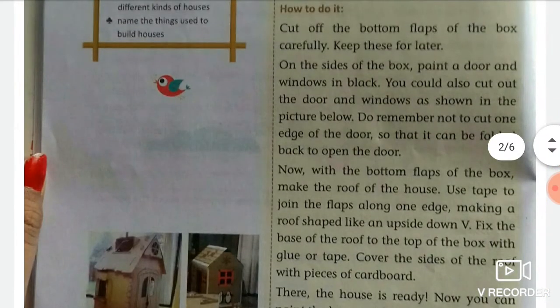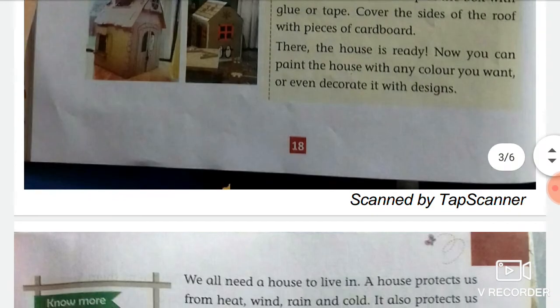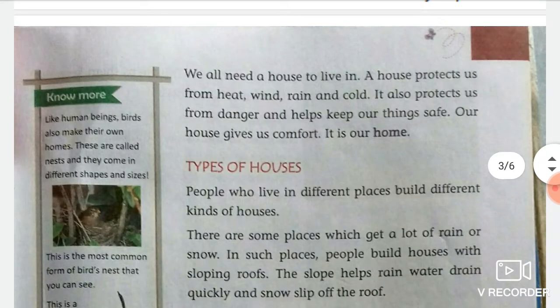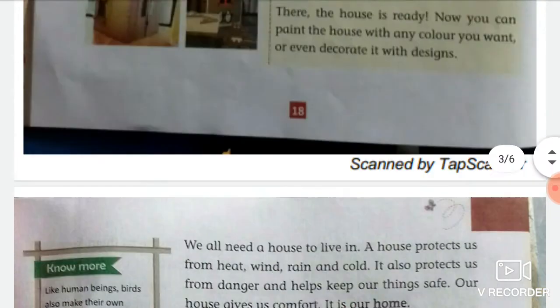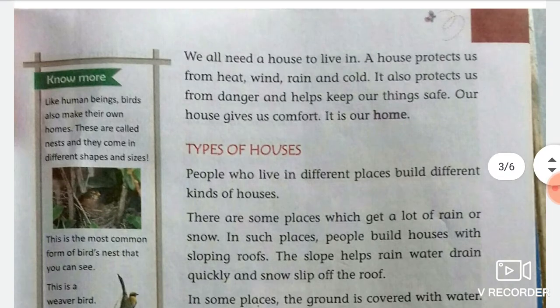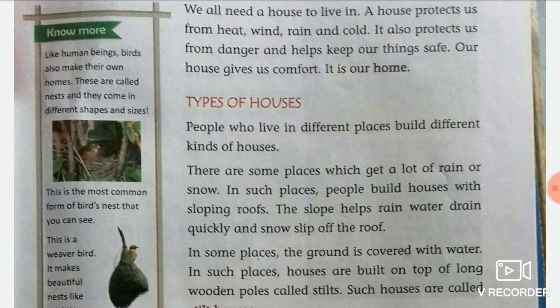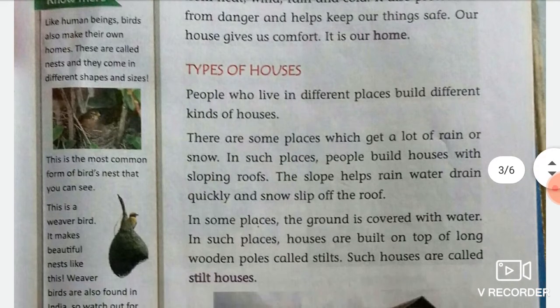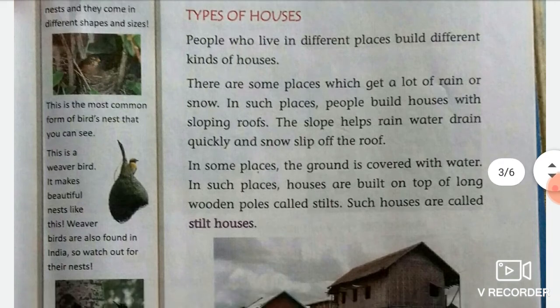Once we revise what we had learned in our previous video, then we will go further. Firstly, we had learned the importance of houses, the different kinds of houses we have, and why we have different kinds of houses.